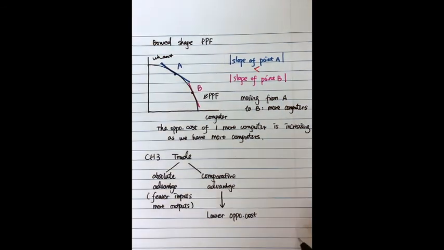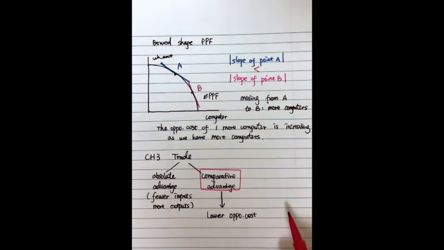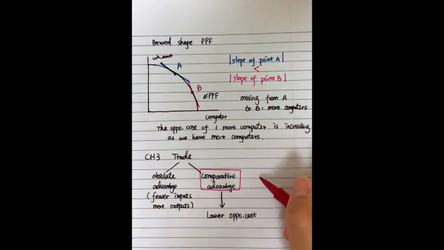So here you can notice we're using opportunity cost from chapter 1 through chapter 3, okay? And we also know that the end of chapter 3 tells us comparative advantage is the reason for international trade, right? And if a country has comparative advantage in one good, then you can have some specialization. We also talk about import and export, okay?